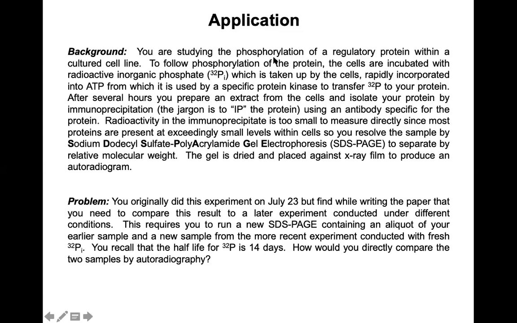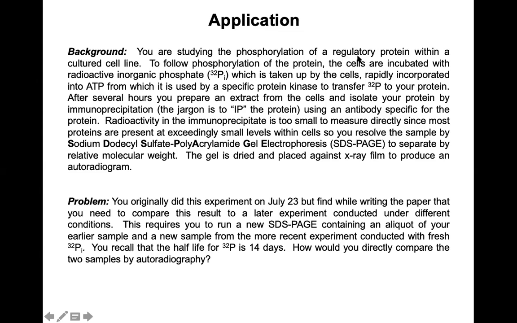Phosphorylation means, for example, ADP to ATP. Phosphate is added and it is called phosphorylation. And phosphorylation is a very important process in the cell for generation of energy. And utilization of energy is dephosphorylation.